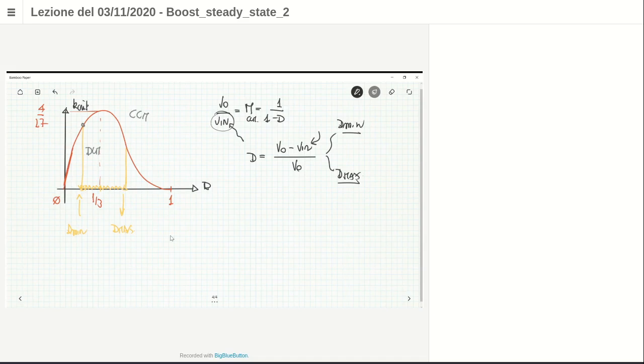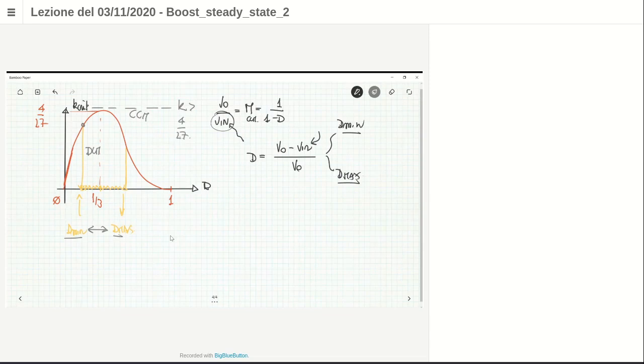So if you want to be sure to create a boost in CCM from the minimum to the maximum of your duty cycle variation, then the only thing that you can do is to accept a K value here which is larger than the peak value.